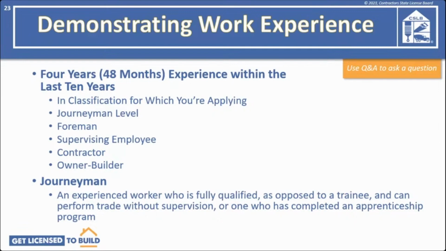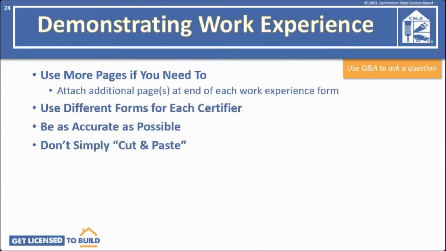The information must be no less than the journeyman level or as a foreman, supervising employee, contractor, or owner builder. A journeyman is defined as an experienced worker who is fully qualified as opposed to the trainee and can perform trade without supervision, or one who has completed an apprenticeship program.